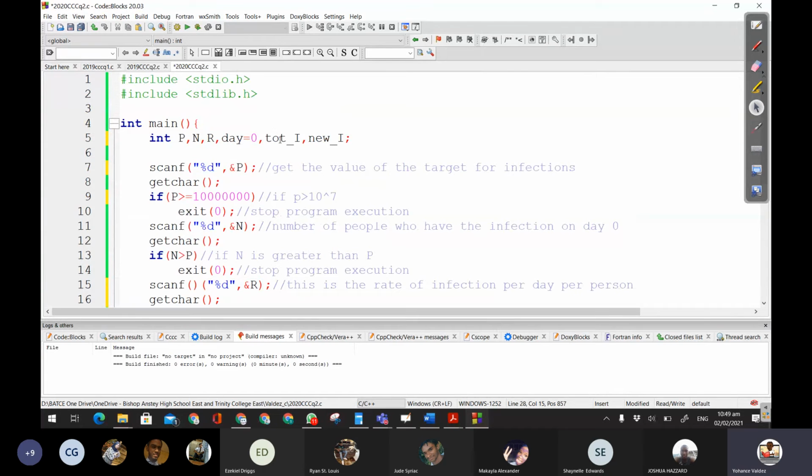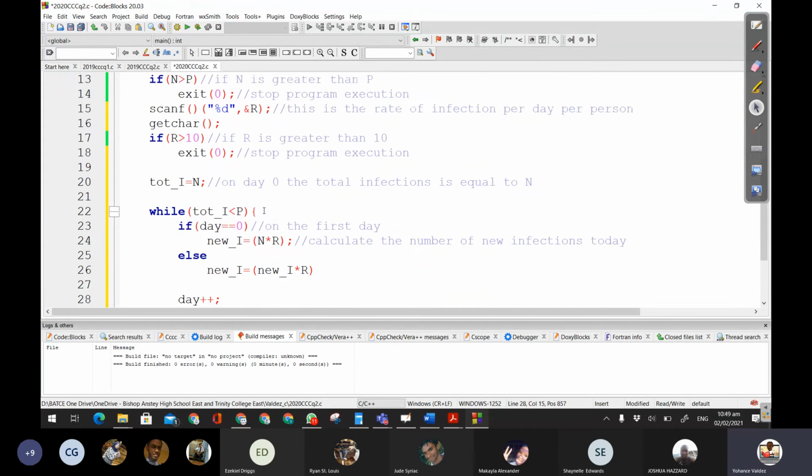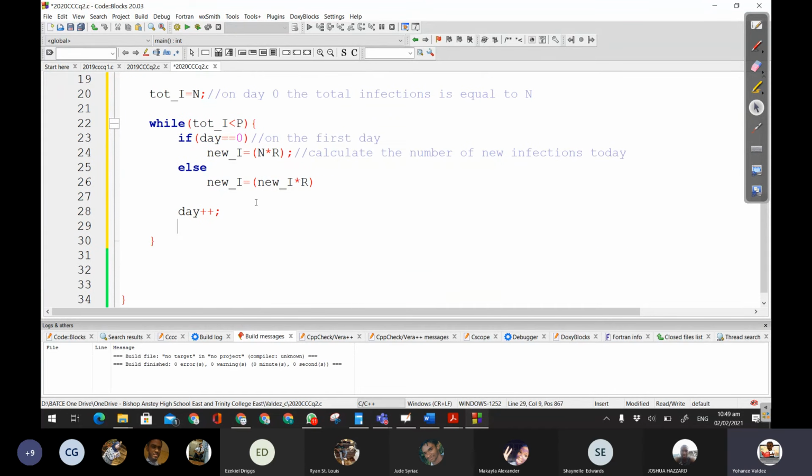And we also have to keep a tally of the total infections. So we say total_infections is equal to total infections plus new infections.